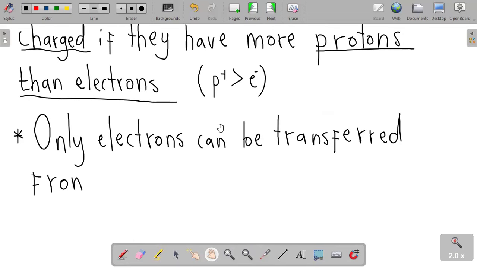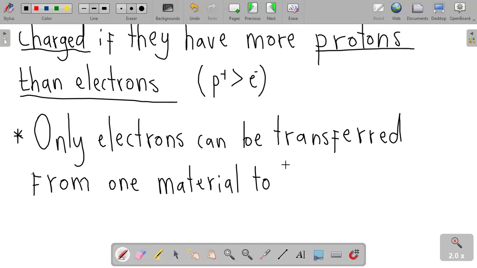So, like I said, only electrons can be transferred from one material to the other.